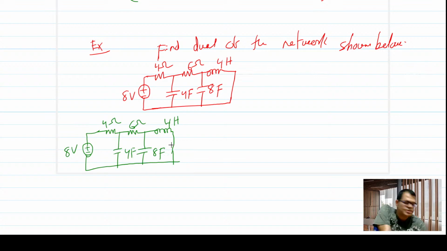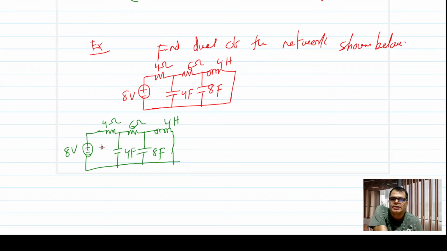The procedure of drawing the dual of the network is to place a node in each loop. Each individual loop needs a node.